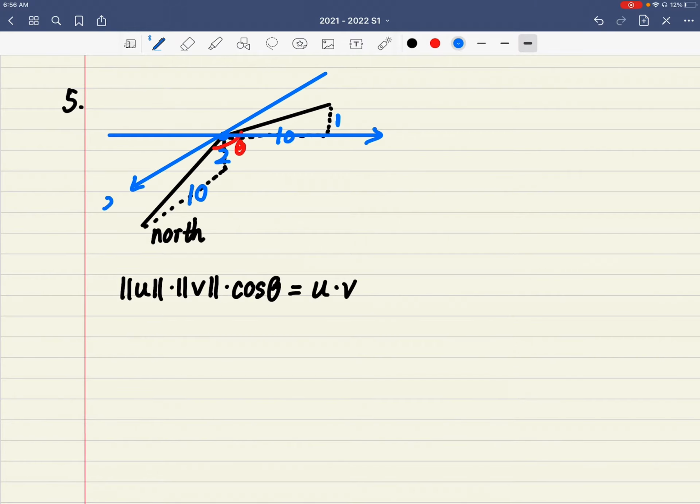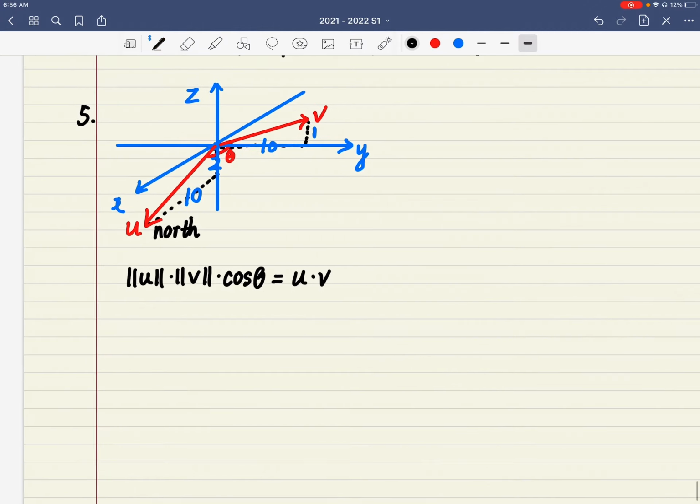This is the x-axis, this is the y-axis, and this is the z-axis. This first part we can take as this vector, and the second part as this vector. Let's say this is vector u, this is vector v.